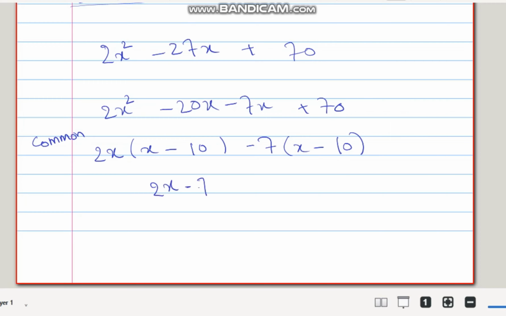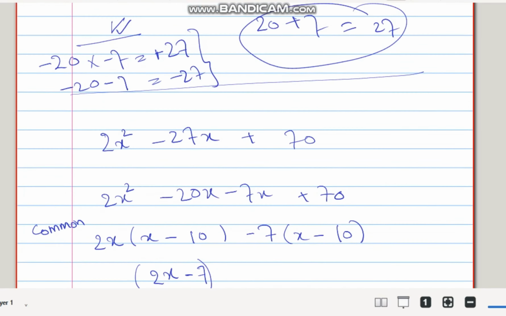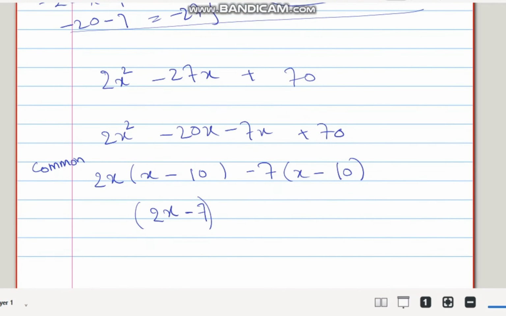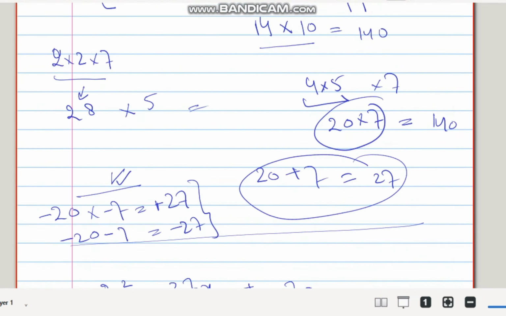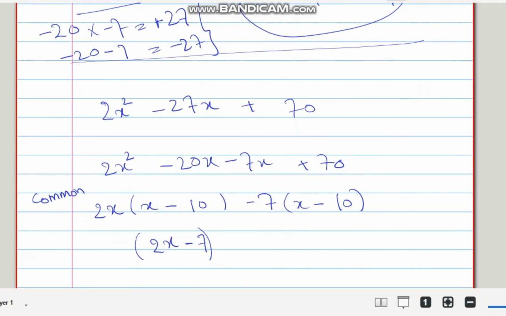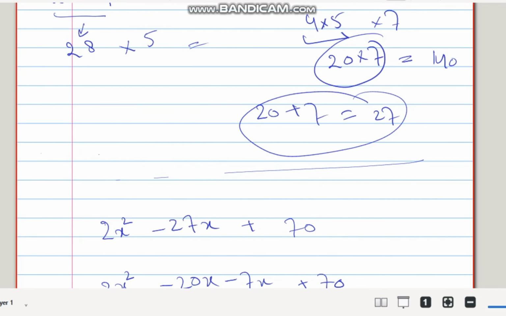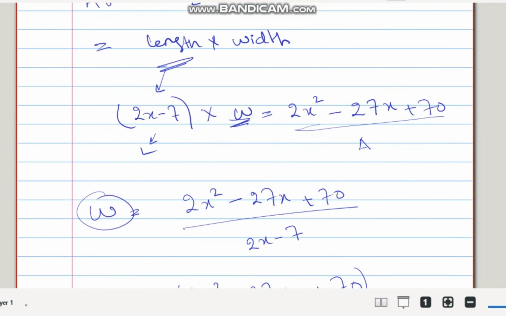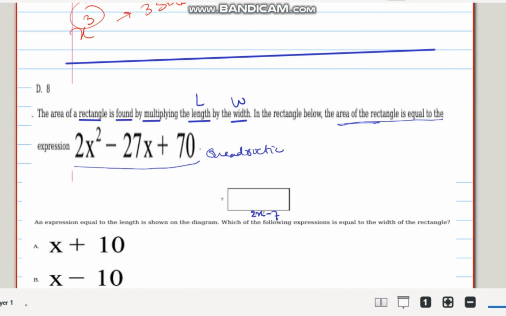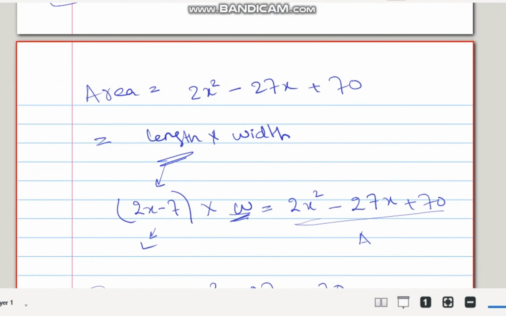Sorry, teacher, I have a question. Why the answer that we found from 140, that it was 20 multiplied by 7, why it is minus? Okay, let me tell you. Hadia, also Shiba, you can see the question. In the question we have minus 27 basically. Now we want to get the minus 27, and how can we get the minus 27?